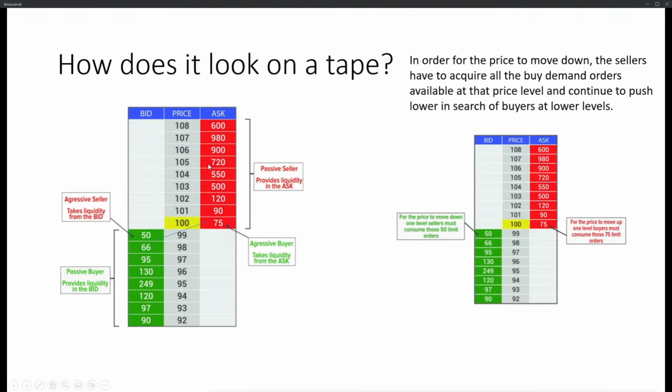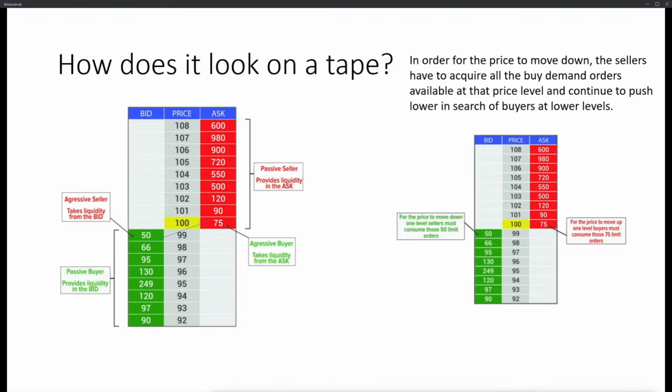If you're an aggressive seller, right? Let's say you're selling lip balms and you had a price of 100, and you had 75 of them. You wanted to get rid of them at 100. I come to you and I'm like, hey, I can buy 50 from you at 99.